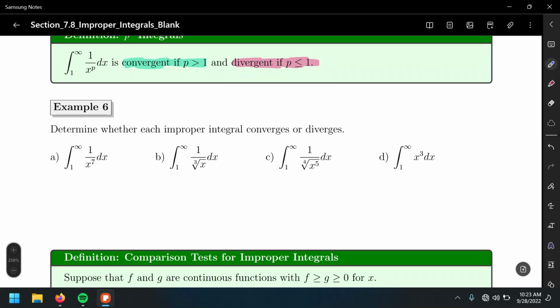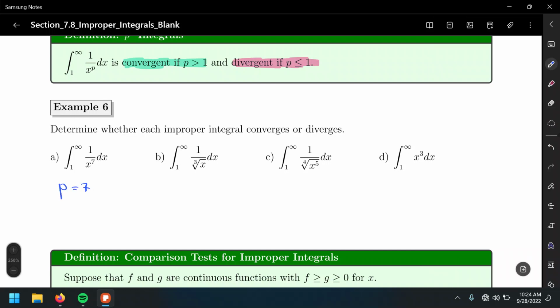All right. So number 1, for the first integral, the integral from 1 to infinity of 1 over x to the 7. Without doing the integration, all we have to do is identify the value of p. So in this case, p equals 7.